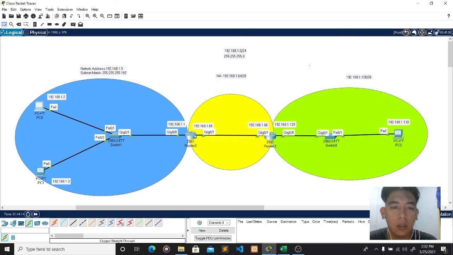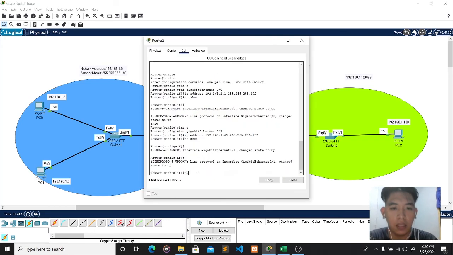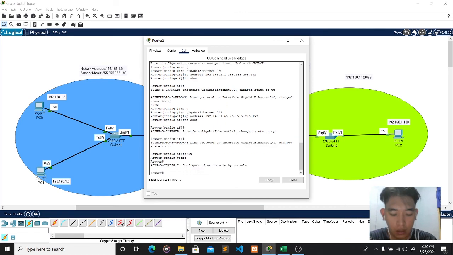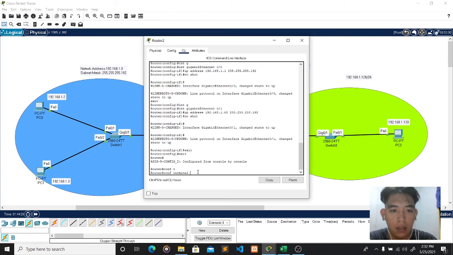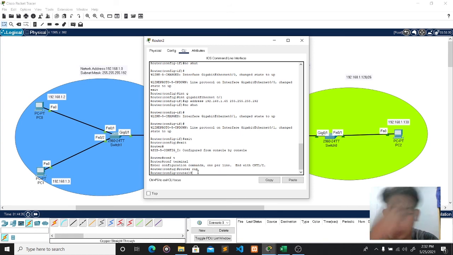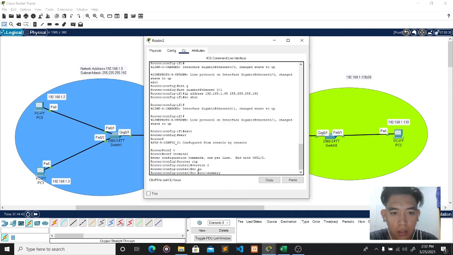Yung dalawang network address. So, CLI. Exit tayo. Exit from the start. Router. So, enable. Naka-enable na pala to. Enable, then configure terminal. Next is magra-router rip tayo. So, naka-configure na ng router, then gagamitan natin version 2. No auto summary.